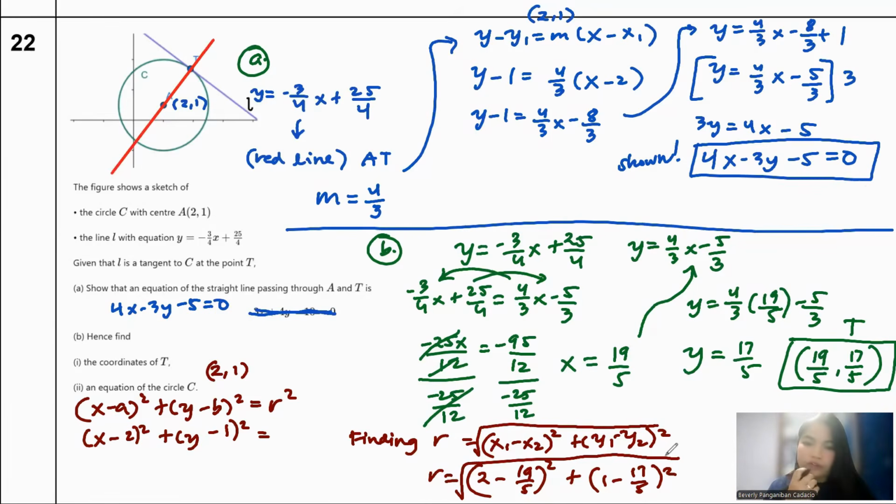Okay, I think how many decimal points do we have? 2 minus 9/5. Okay, let me just double check first. Okay, let's square root that one.